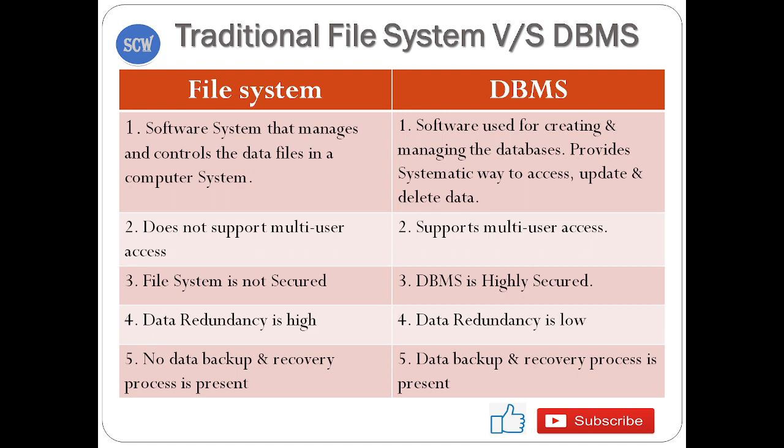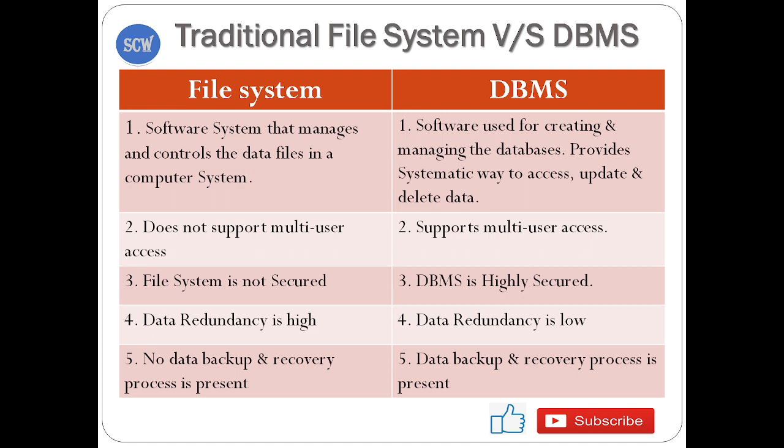Next, what is the third drawback of the file system? The file system is not secured. For example, just imagine the principal stored all the data regarding the college and he is maintaining one password for that computer system.